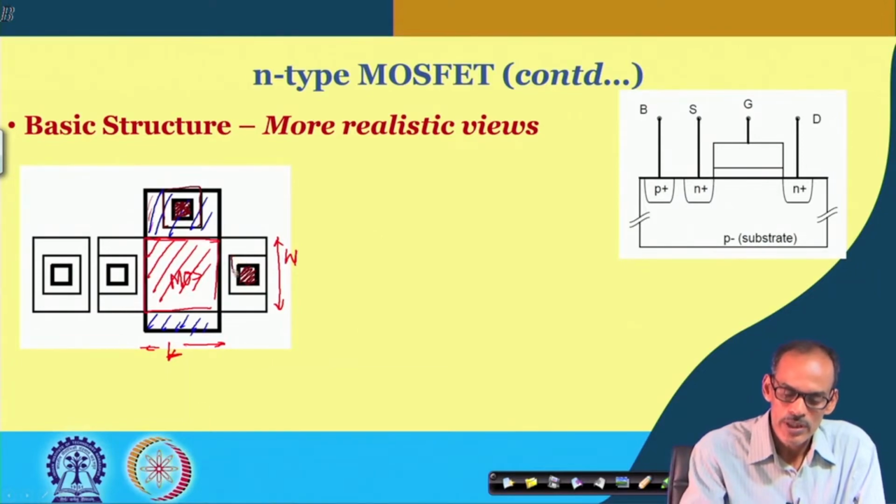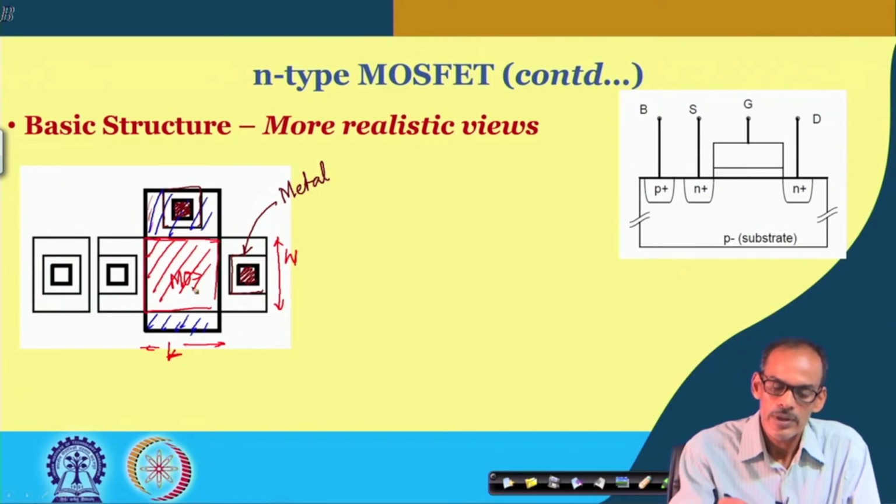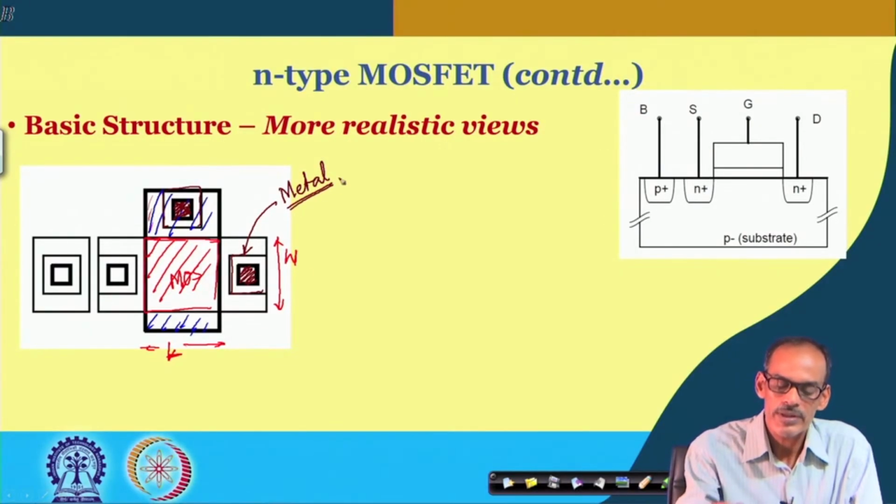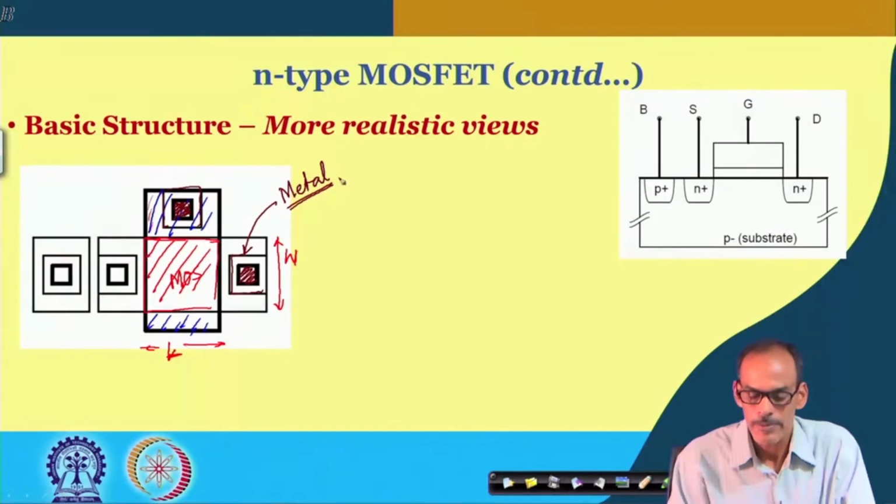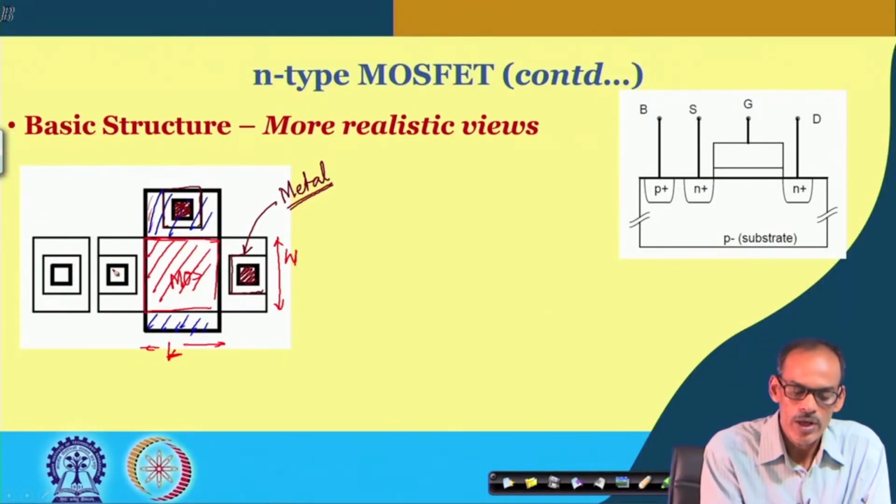So, the box here, whatever box we are referring to, you may say that it is at a higher level, some metal. Note that this metal is different from whatever metal we referred to earlier. This metal is for making the circuit in an integrated circuit. So, likewise we have the contact here, and then we have metal.